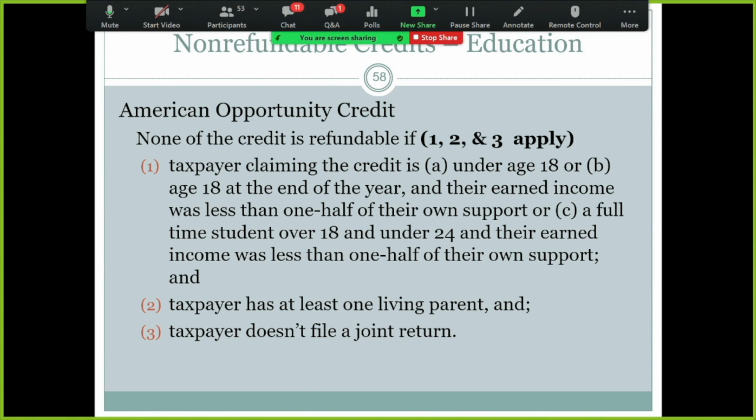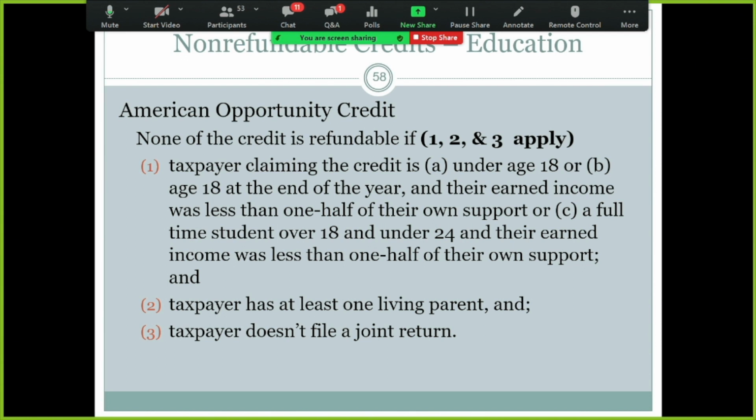Now, there are further stipulations on the American Opportunity Credit, and none of the credit is refundable if 1, 2, and 3 apply. 1, the taxpayer claiming the credit is A, under age 18, or B, age 18 at the end of the year, and their earned income was less than 1/2 of their own support, or C, a full-time student over 18, under 24, and their income was less than 1/2 of their own support. 2, the taxpayer has at least one living parent, and 3, the taxpayer doesn't file a joint return.